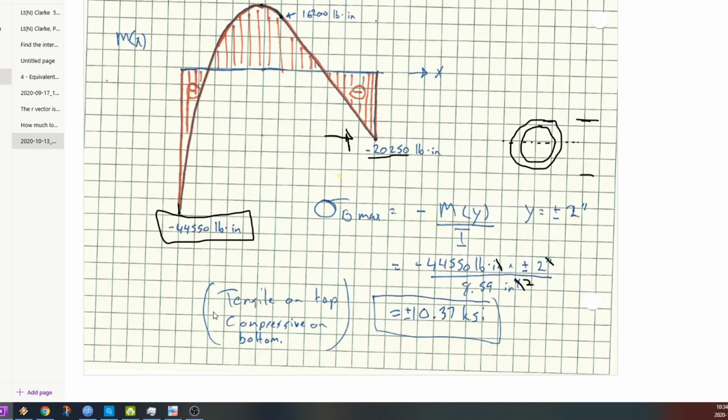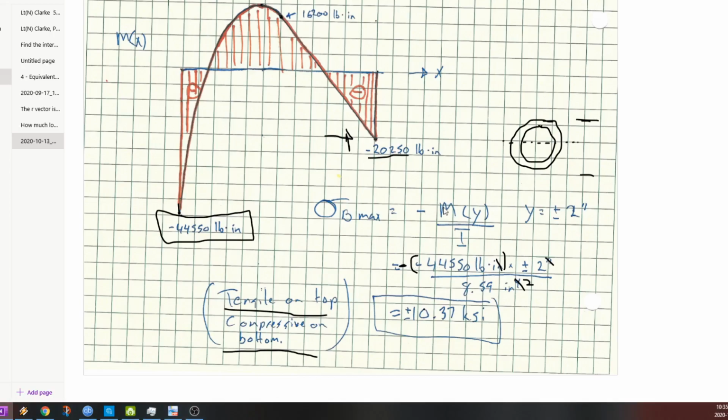And again, that'll be tensile on the top and compressive on the bottom. Oh, here I forgot to throw another negative on there. I kind of ignored it a bit because we're doing the plus and minus thing.